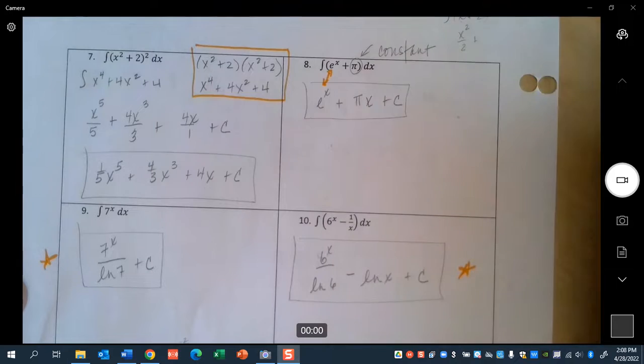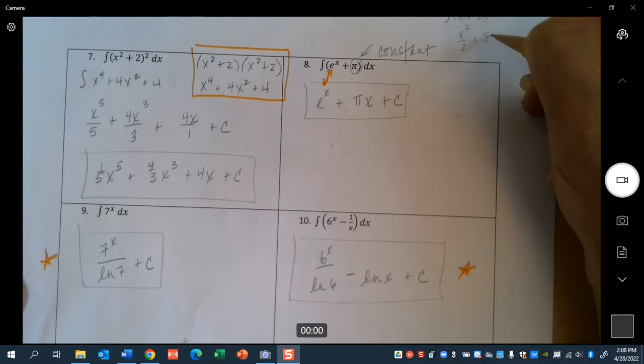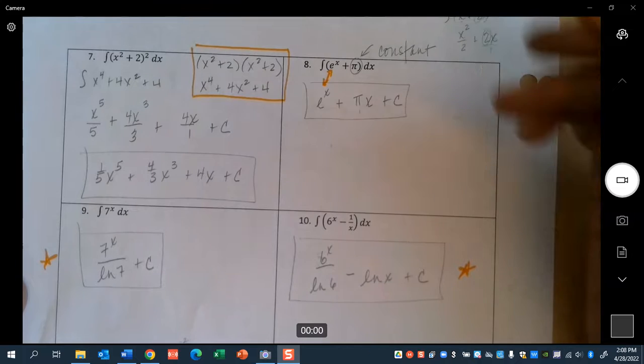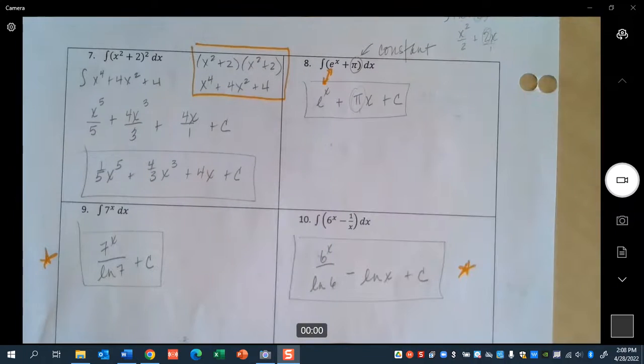Here I have x to the 0, so one more power is x to the 1, divide by 1. So this 2 represents a constant, and that's what ends up happening here. This pi is a constant value.